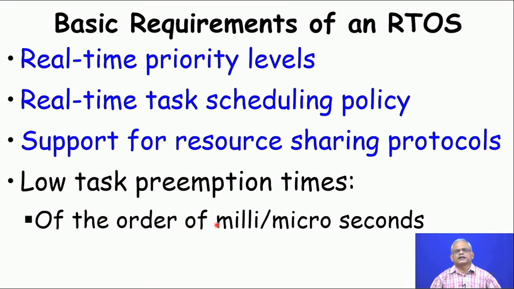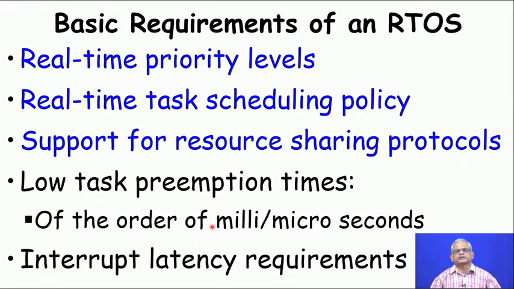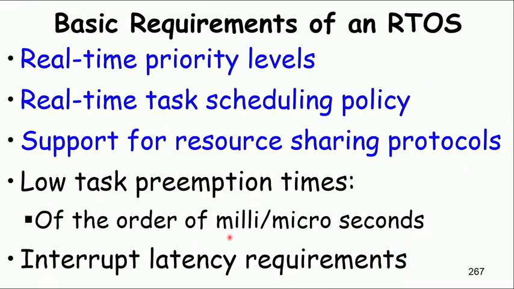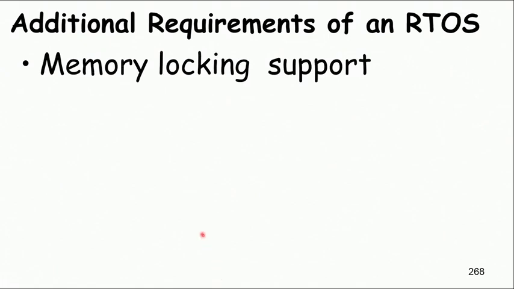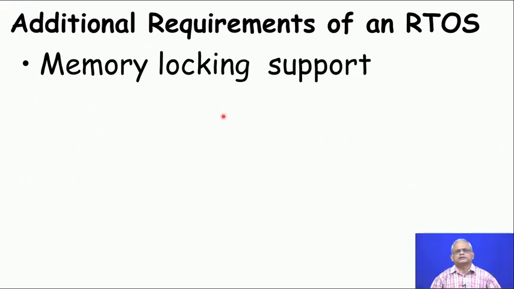But if you look at traditional operating systems such as Unix, the preemption time is of the order of a second. Also, we have interrupt latency requirements. The latency should be small, that is, the time from when an interrupt occurs to when the interrupt is processed should be small. There are additional requirements like memory locking support, that once a task uses certain memory, it should not be swapped to the hard disk and so on.